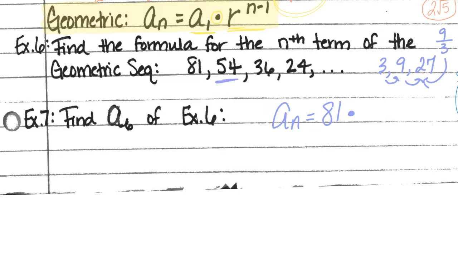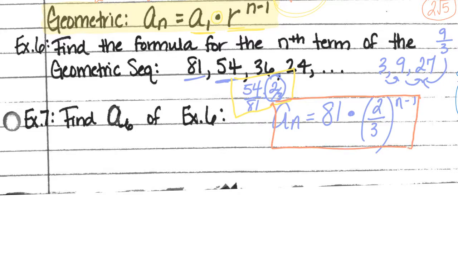So I can take 54 and divide it by 81. Well, I know that 27 goes into each, so the common ratio is going to be 2/3. So this is my common ratio. It's really just what's being multiplied. In this case, it's kind of a weird one, but 2/3 will go in the common ratio, and n-1 is the exponent. So this right here is the nth term of the geometric sequence.